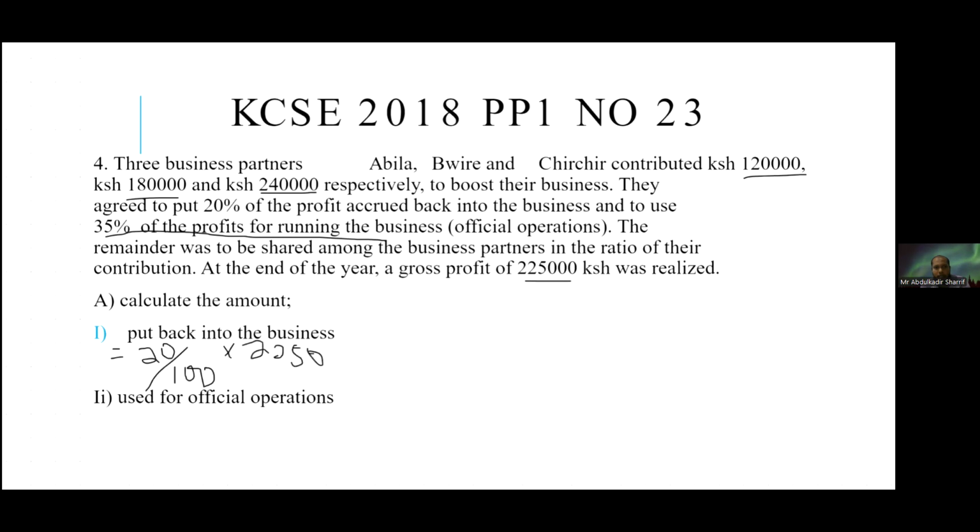So 20% of 225,000 is how much? Is 45,000.